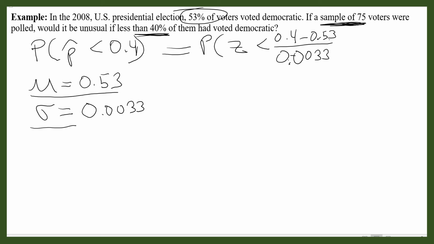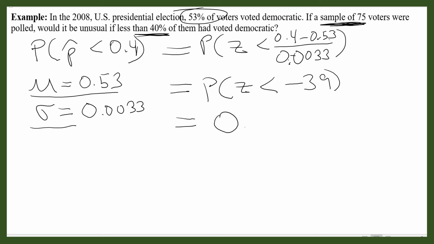Okay. All right, do the math. When you do the math, you're going to get this is equal to a negative 39. This is case 1 in the table. If you look at case 1 in the table, it tells you anything below a very, very negative number is about 0.0001.